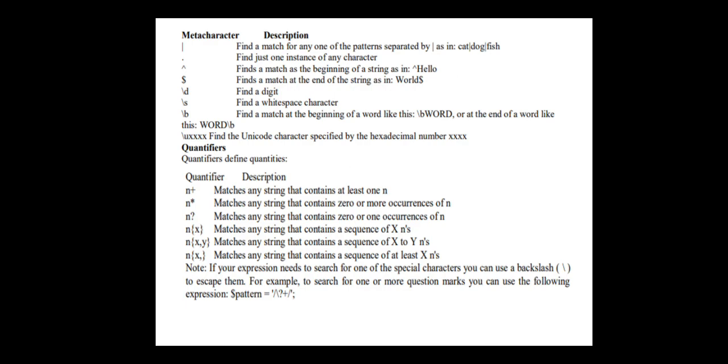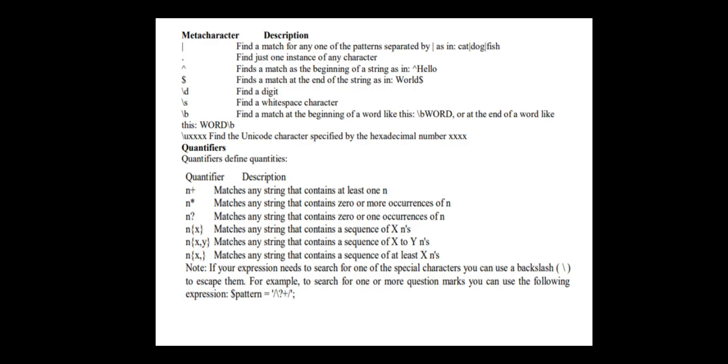The dollar symbol finds a match at the end of the string, as in world$. So you can see the difference. We use the dollar symbol to declare a variable at the beginning, but here, while finding with meta characters, we should use the particular string, and at the end we are using the dollar symbol, right?